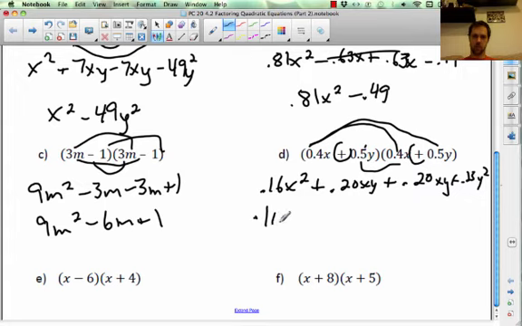So 0.16x squared plus 0.40xy plus 0.25y squared.